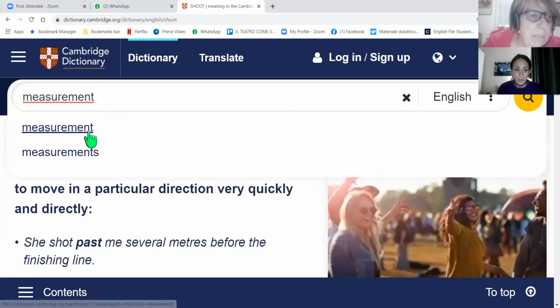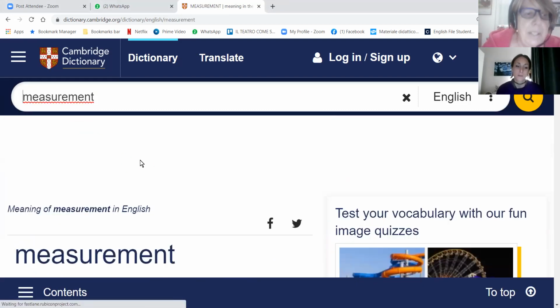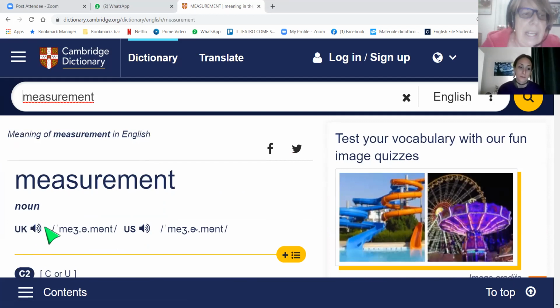Measurements. Brava, però hai la pronuncia. Measurement. Ok. Vai sul British.